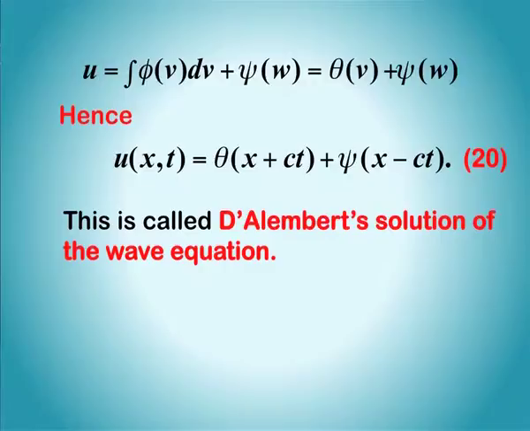This equation 20 is a very important equation. It is called the D'Alembert solution of the wave equation. It reads in language as this: u is a function of x and t, x is a variable, t is time. We started, if you recall, with x plus ct and x minus ct.